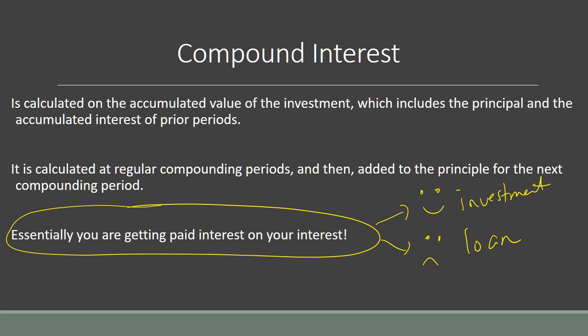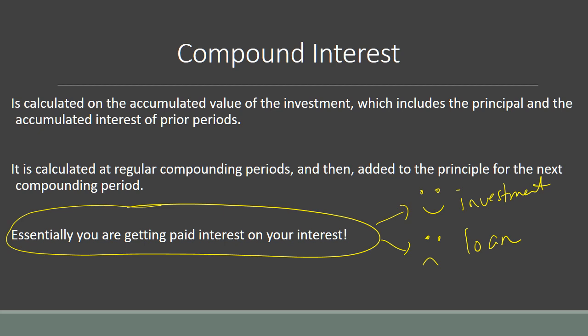And if you don't pay that interest off, you get charged more interest on top of that. There are regular compounding periods, which we're going to talk about in a little bit, and that gets added to your original amount of money, and then that earns you interest. Then you take that little bit, add it to the total value, and it earns a little bit more interest.